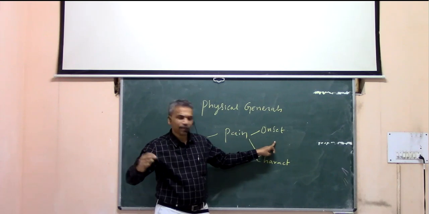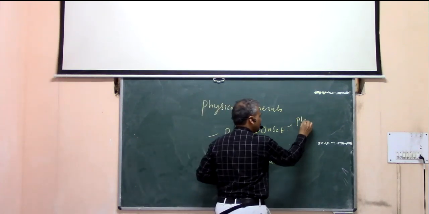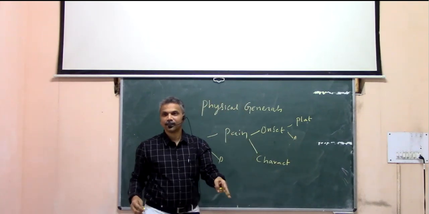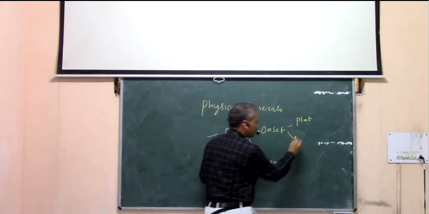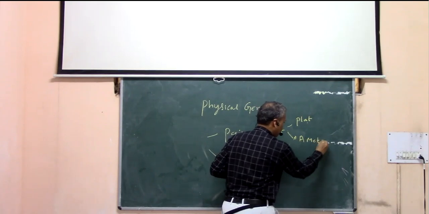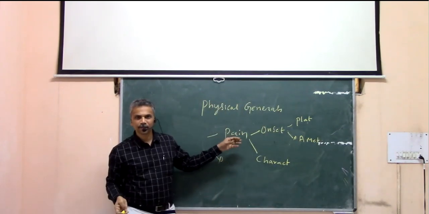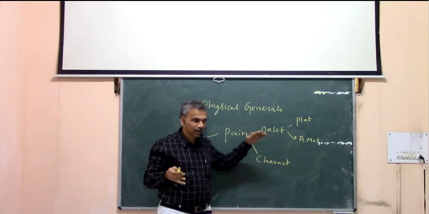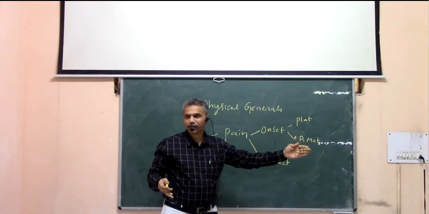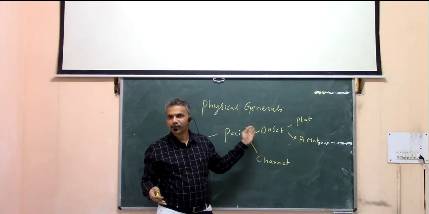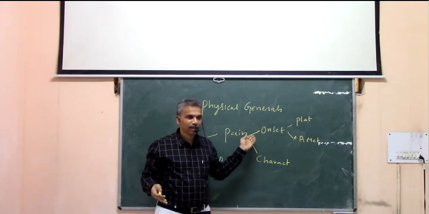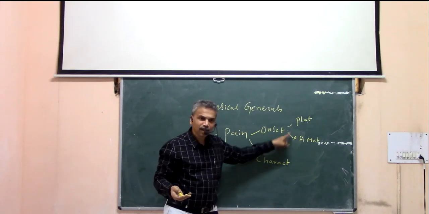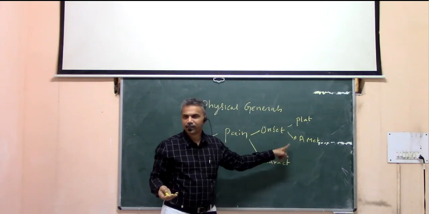Which is the remedy? Platina. And starts gradually and decreases suddenly. That is Argentum. Hope I am clear. You know Platina has an onset which is gradual and it is decreasing also gradually, exactly opposite to Belladonna or many acute remedies. And gradual onset and sudden decrease is Argentum.